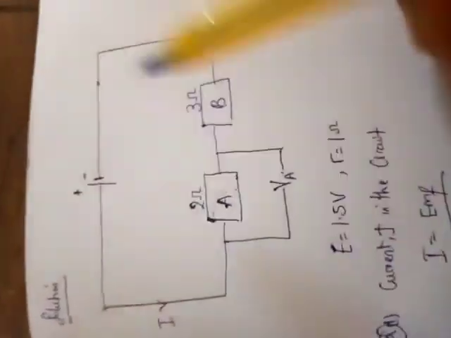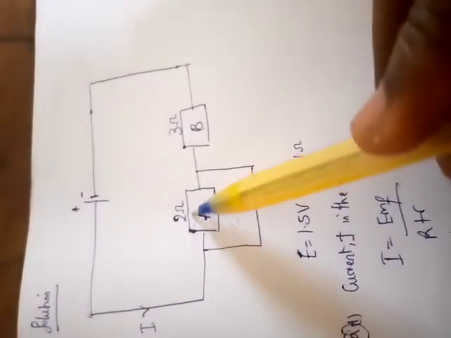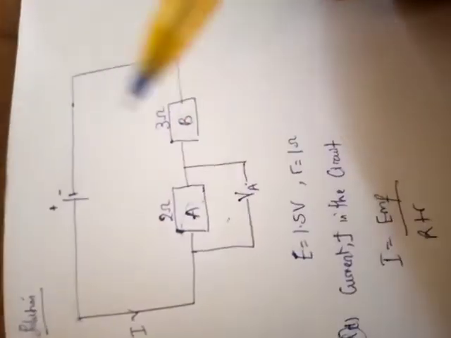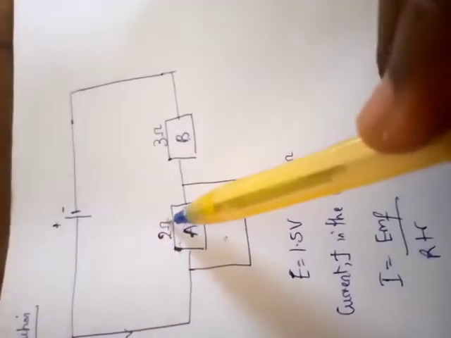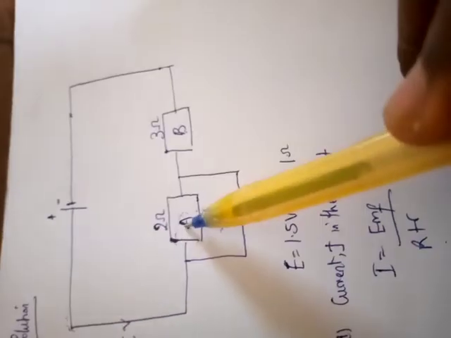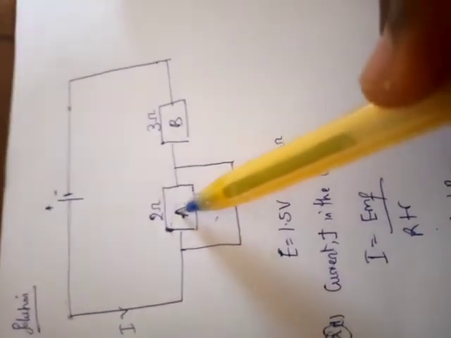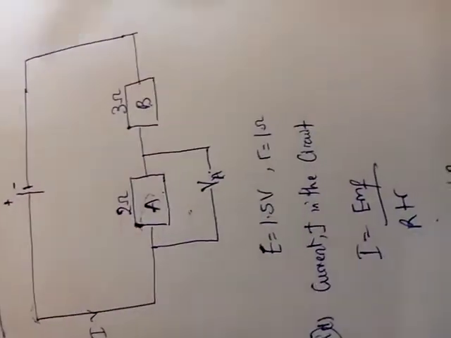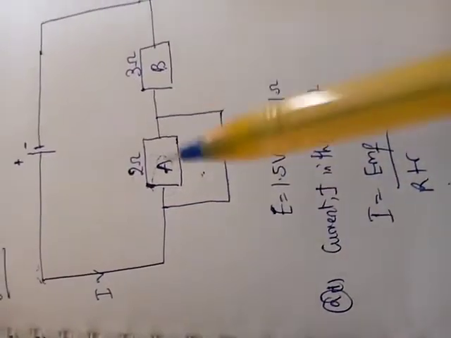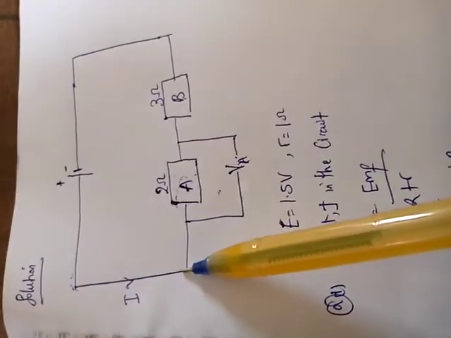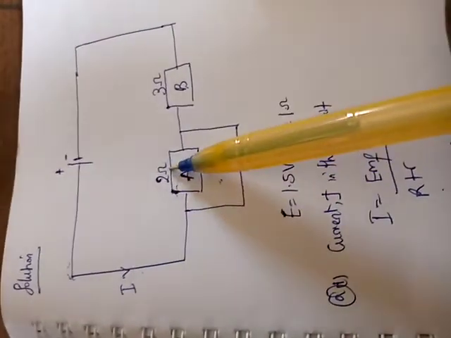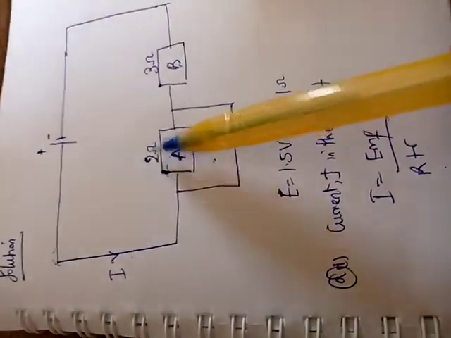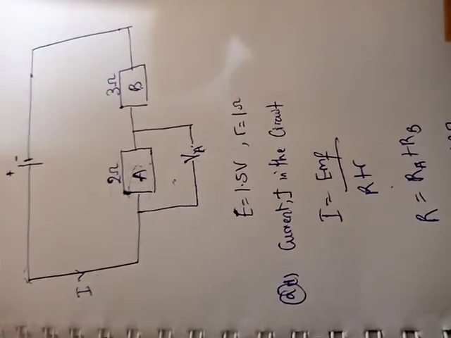So that is V is equal to the current I multiplied by the resistor A, multiplied by 2.